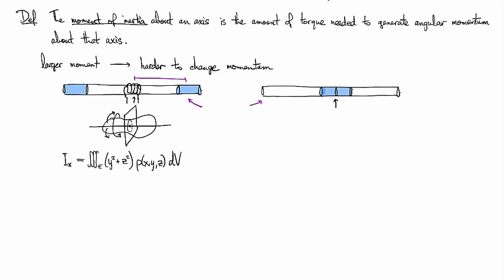It's often nice to set up these rotational things in terms of polar. So if this one were done in terms of polar, then you might set it up with the triple integral over E, and then you'd have r squared times the density times r dr dx d theta.